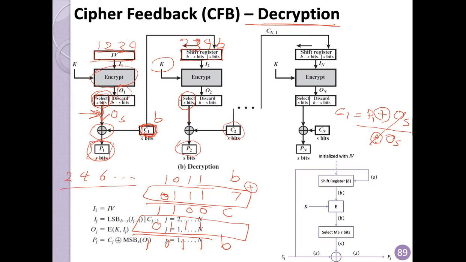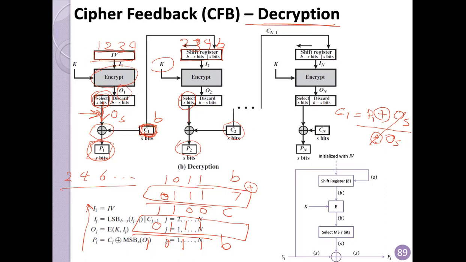And here is the feedback that I just talked about. What you get from the ciphertext is going to be applied to the right side of the input of the next block. And here is the math representation, which again is saying the same thing. So this is called cipher feedback mode.